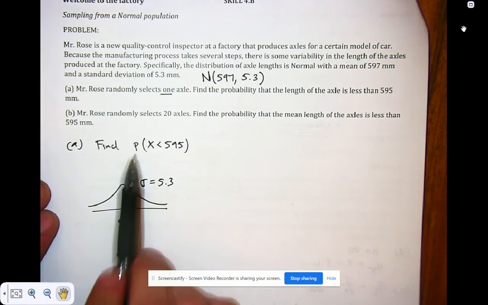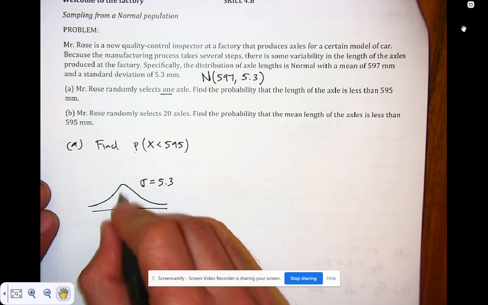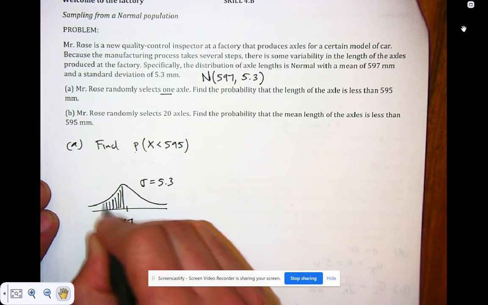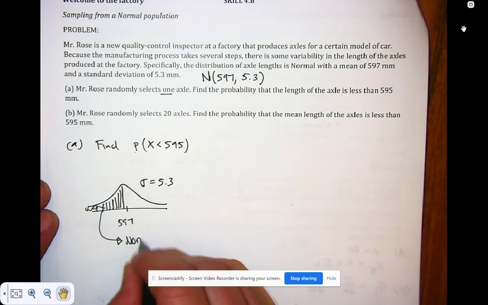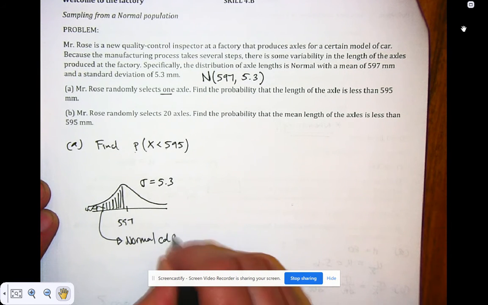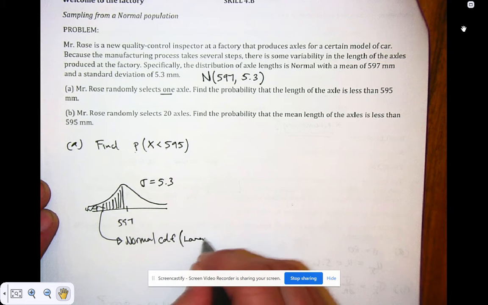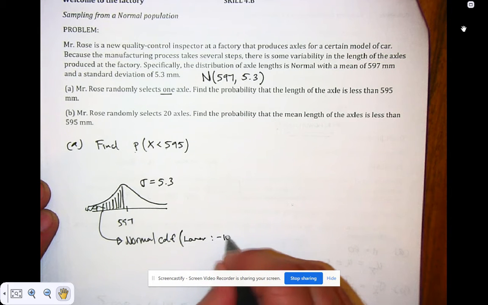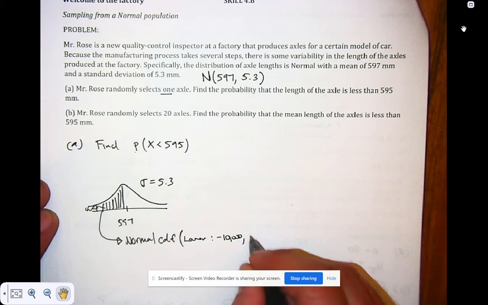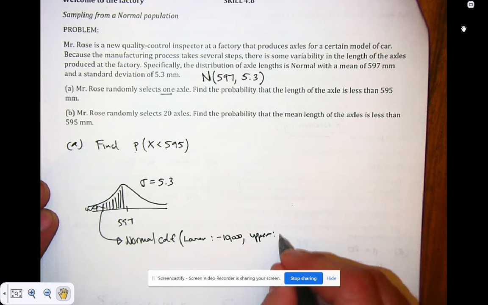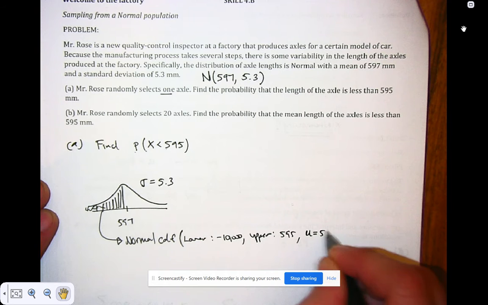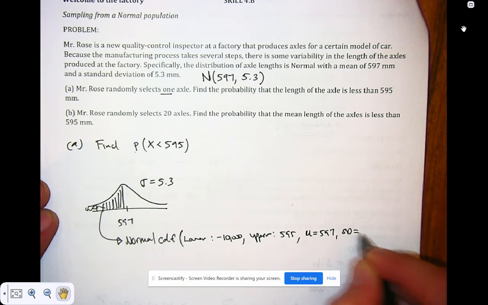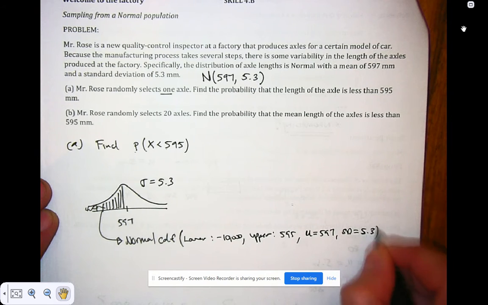We want to know what's the probability it's less than 595. So somewhere right around there. And you'd say, hey, just do normal CDF with a lower of negative 10,000, an upper of 595, a mean of 597, and a standard deviation of 5.3. And this is not new.